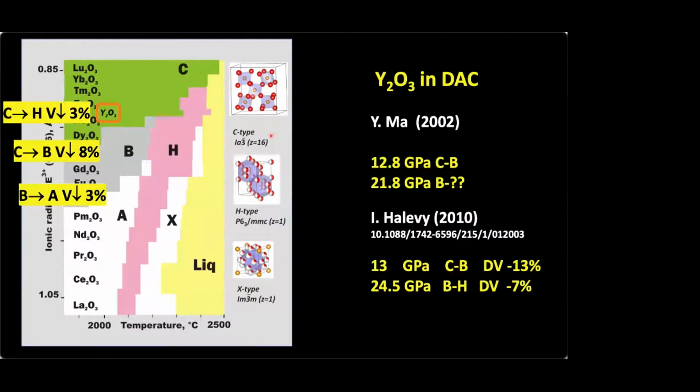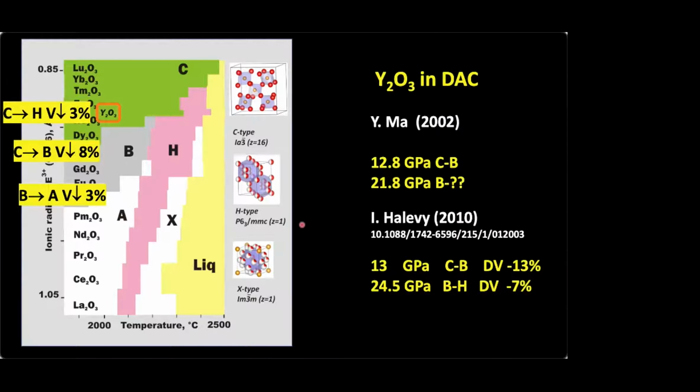This unusual volume reduction on high temperature transformation is not that unusual for rare earth sesquioxides. In fact, the bixbyite transformation to the monoclinic B-type phase is also accompanied by volume reduction, and all rare earth oxides can be synthesized in the B-type phase under pressure.